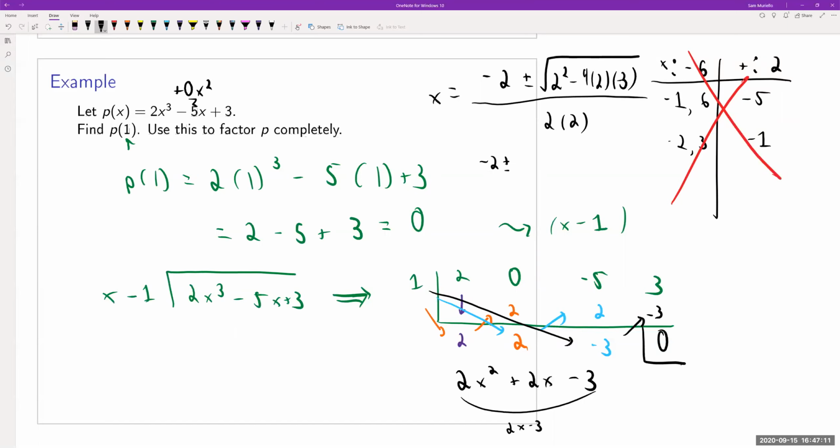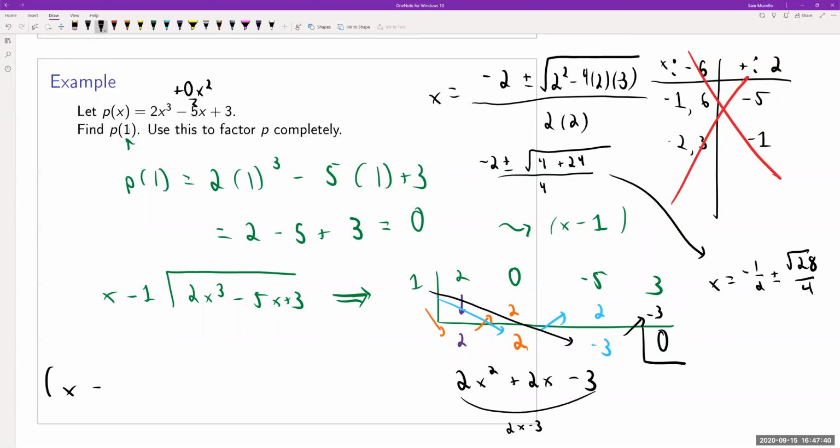Negative 2 plus or minus the square root of 4 plus 24, since 4 times 3 is 12, and 24, over 4. So that means that I will obtain x is equal to negative 1/2 plus or minus root 28 over 4. And from here, we can list out the three factors.